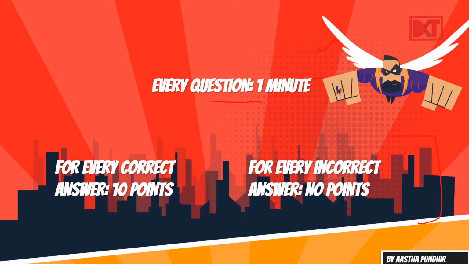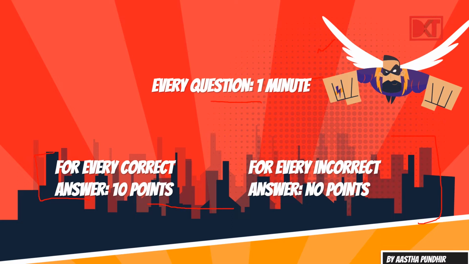Either you will get the marks for that question or you will get a 0, right? But if you don't attempt that question at all, then you are anyway getting a 0. So it is good to attempt those questions, and even if you don't know all the answers, try to understand and take a guess. Okay, so for every correct answer, 10 points.